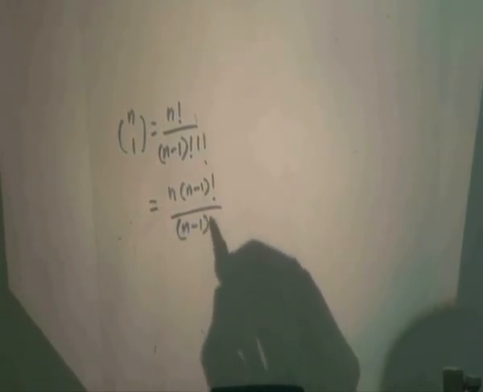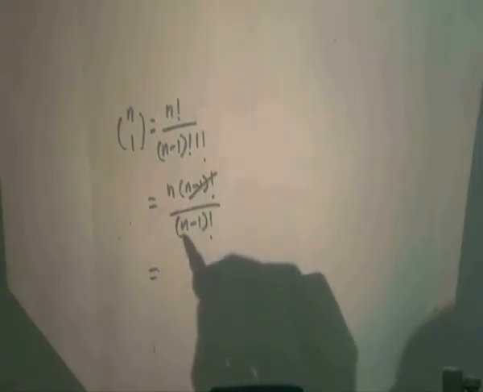Your n factorial can be written as n times n minus 1 factorial over n minus 1 factorial. 1 factorial is 1, so we don't have to write it. Therefore, your n minus 1 factorial cancels off, you have n. In other words, nC1 is n.